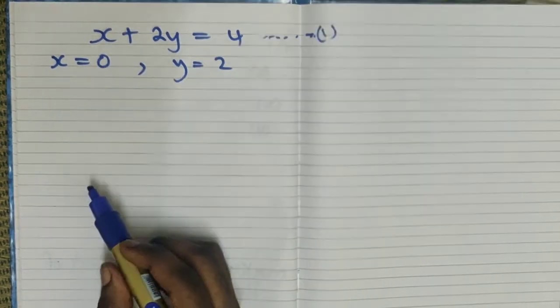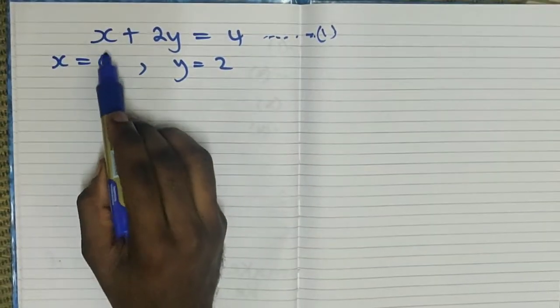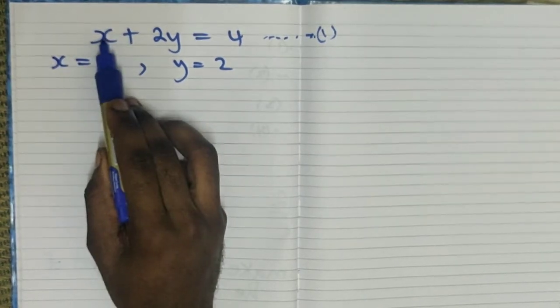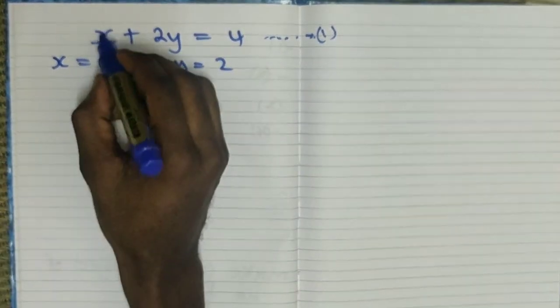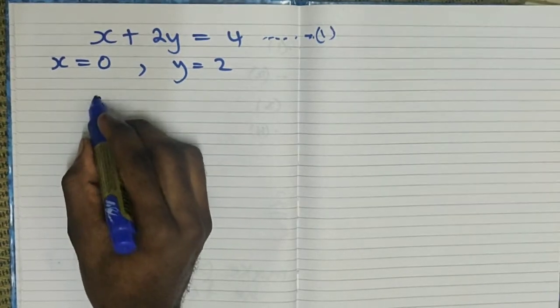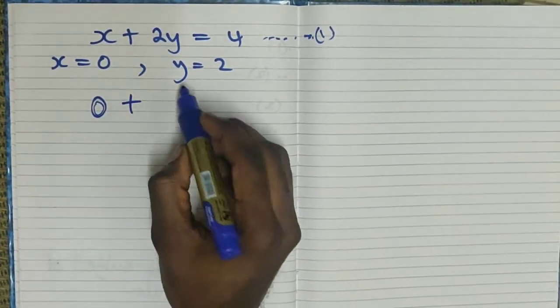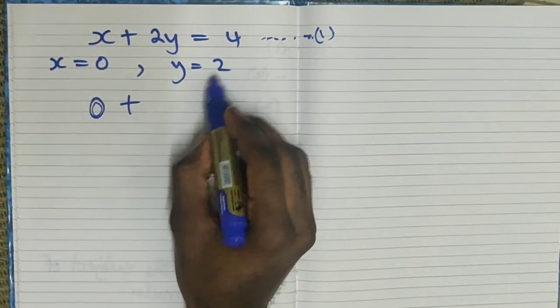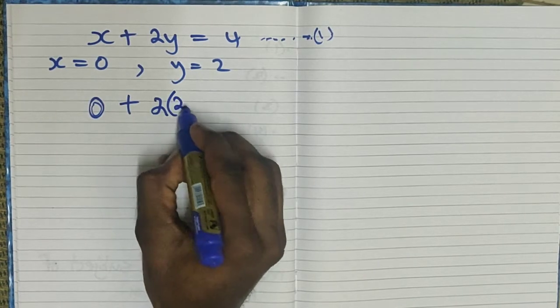Now, to prove this answer, we are going to see that if we substitute x and y here, we are going to have 4. So let's substitute. This is x. In the place of x, we put 0. 0 plus, in the place of y, our y is 2, which is 2 times 2.